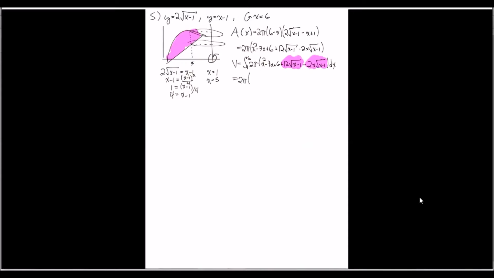We have 2 pi. So this is pretty lengthy, so we'll probably have to use those 2 lines here. X to the third minus 7 over 2 x squared plus 6x plus 8 x minus 1 to 3/2. And then we're going to have to subtract 4/3 x minus 1 to 3/2.